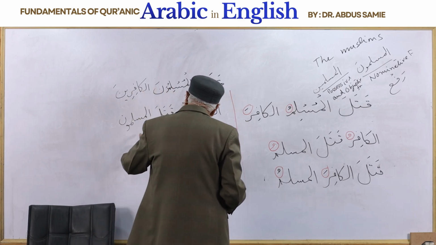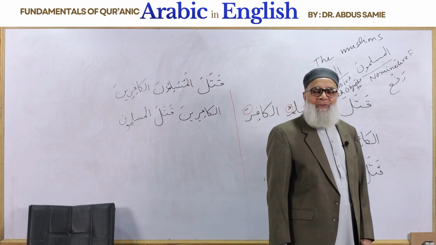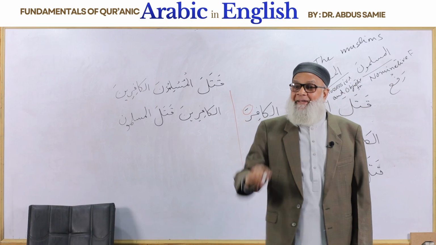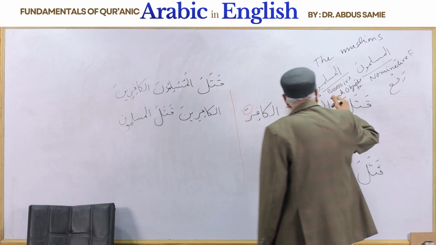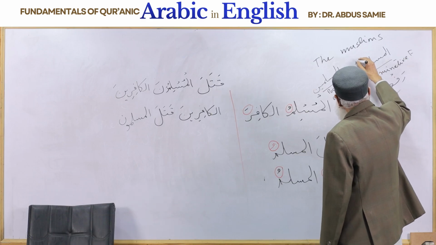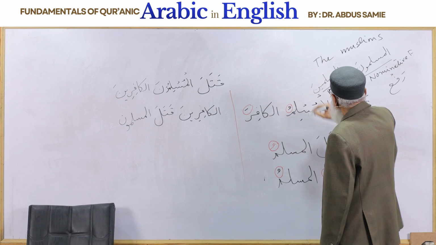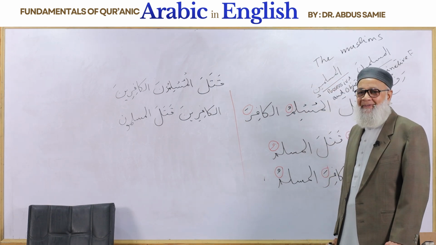If you want to keep this as the subject of the verb, you have to keep its i'rab as Muslimuna, not Muslimina. Another thing to note is that in Muslimuna, the harakat of the last letter is Fatha, and in Muslimina also, the harakat of the last letter is Fatha.